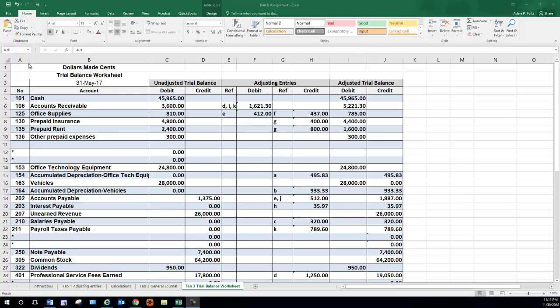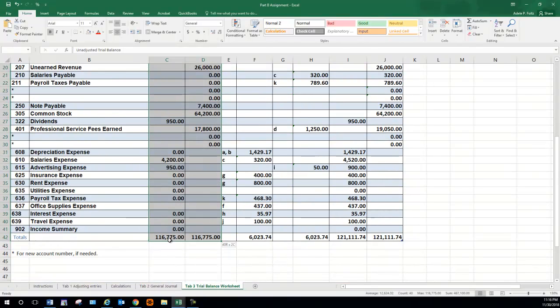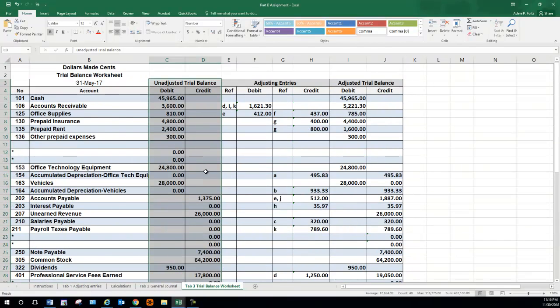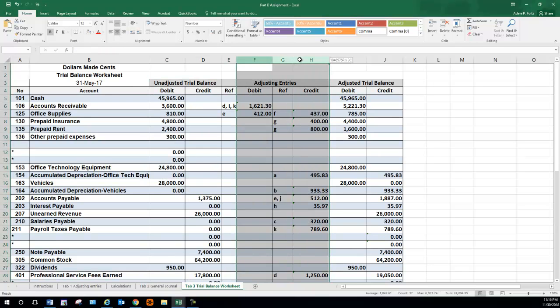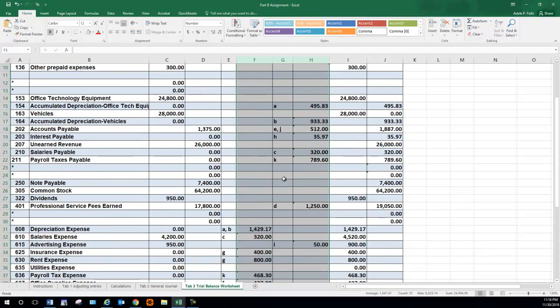Okay, so this is the worksheet that looks very much like the worksheet you would have completed for Comprehensive Problem Part B. And that's where you started with your unadjusted trial balance. This came from all of your transactions that you had journalized in Part A. And then in Part B, we were calculating and making adjusting journal entries, and so we posted them in this column.